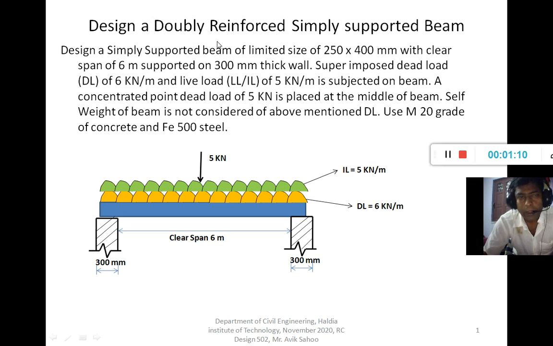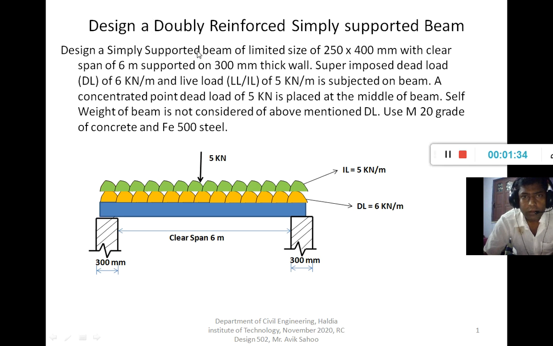So that's why the cost is more. Generally designers do not prefer doubly reinforced sections, they prefer singly reinforced sections, but in some situations they are bound to use a doubly reinforced section.